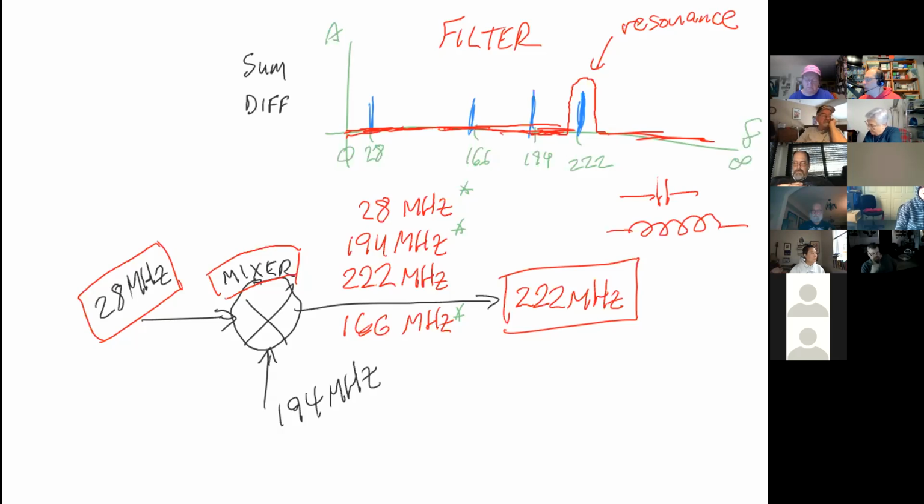And depending on how we align them, if we go like this, that makes a filter that looks like that. If we were to instead do it like this and put them in parallel, we would actually end up taking this filter shape and inverting it.